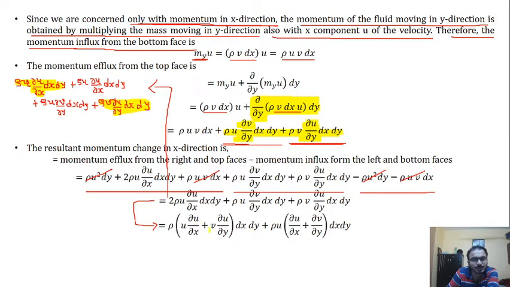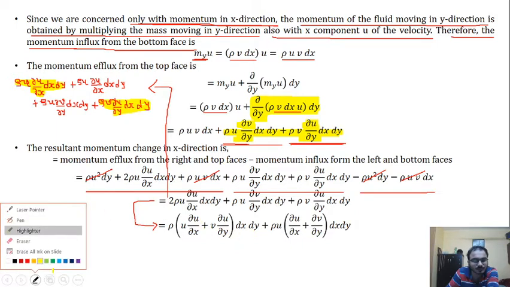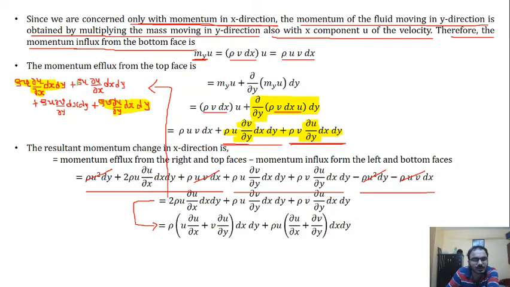So we will be getting u del u by del x plus v del u by del y. And for the second part, we have taken these two terms, and based on these two, we can take common rho into u into dx dy. So we are arriving up to this, and we can finally write down this.